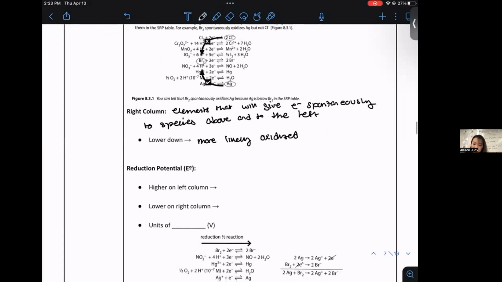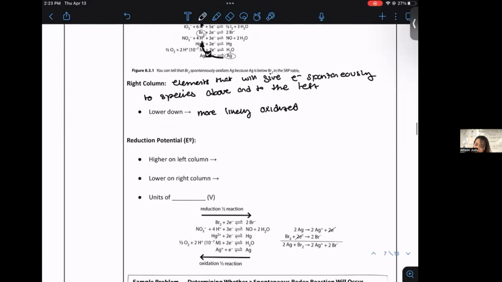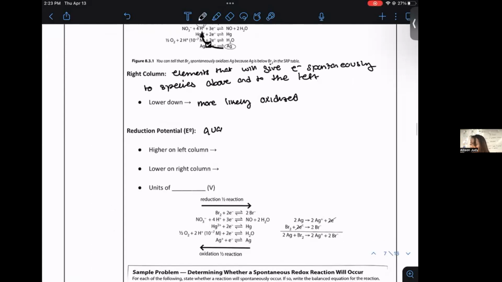So reduction potential then is a value that quantifies how likely a chemical is to be reduced. We always write reduction potential from the perspective of reduction.